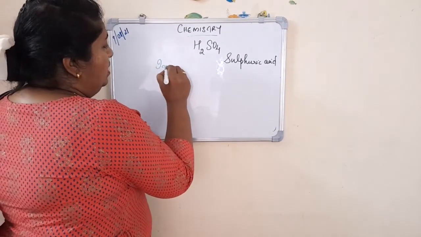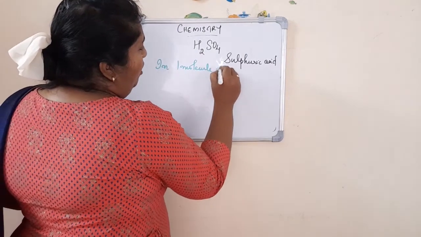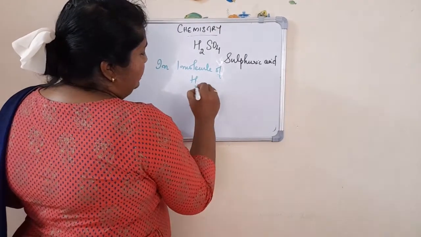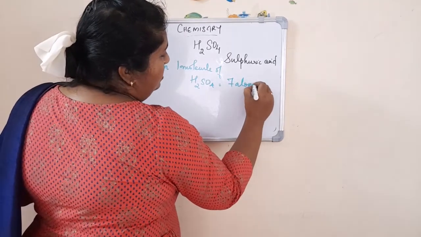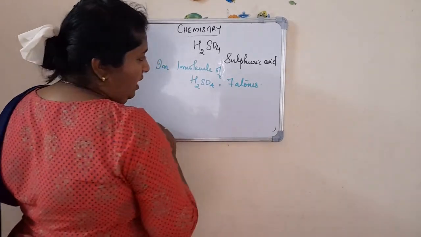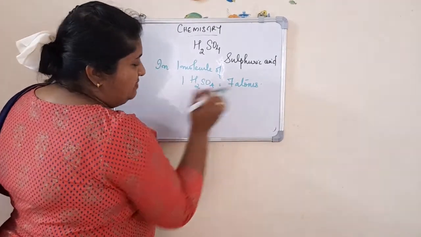In one molecule of sulfuric acid, 7 atoms are there.